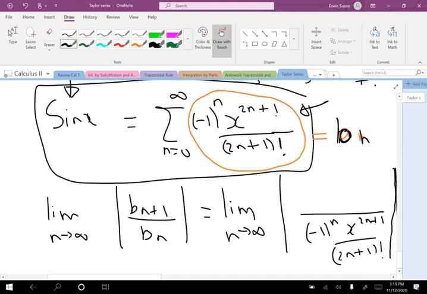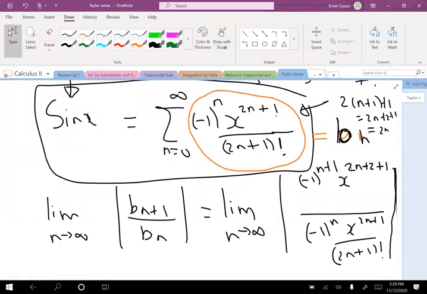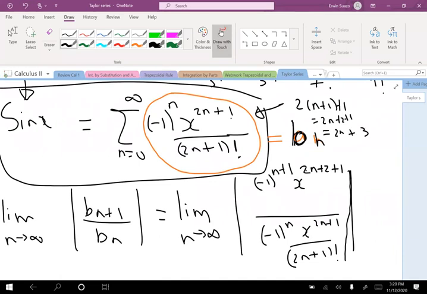And the next one will be minus 1 to the n plus 1, then x to the 2 times n plus 1 plus 1, so that's 2n plus 2 plus 1, which is really 2n plus 3.